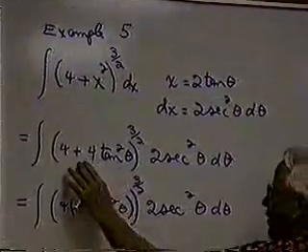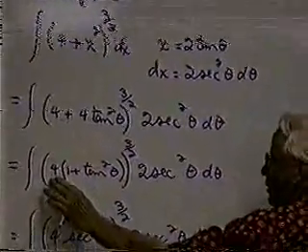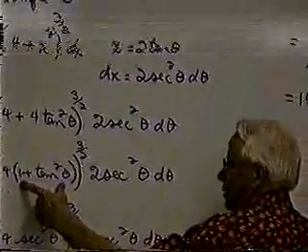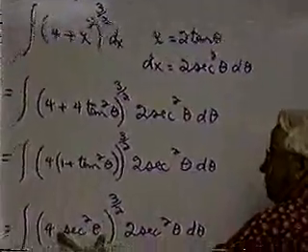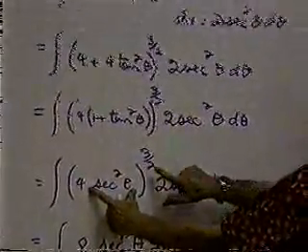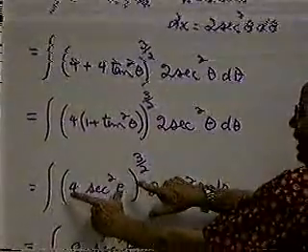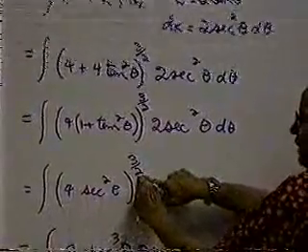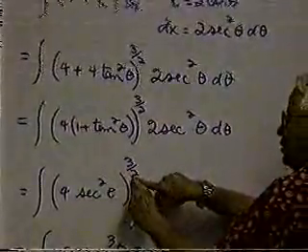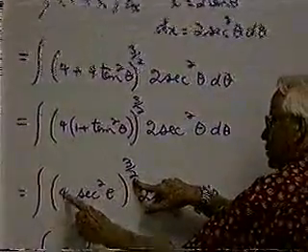First of all, we factor out the 4, and so we have 1 plus tangent squared, which is secant squared. Now, here's what you need to know. When you have a fractional power of something, you take the root of it, and then you raise that answer to that power. For instance, what is the square root of 4? It's 2.